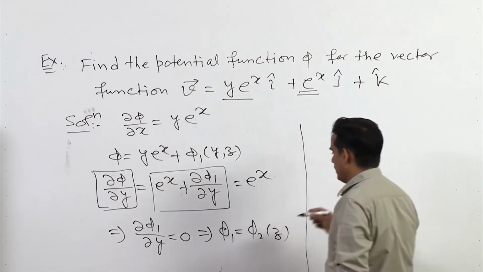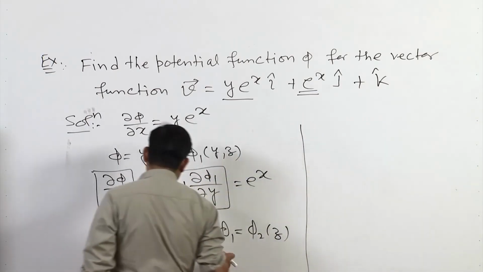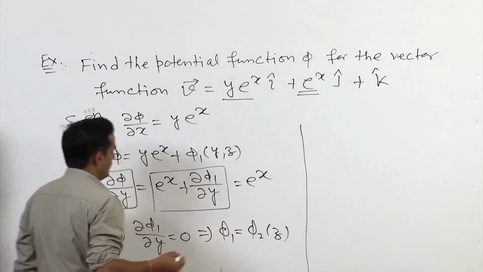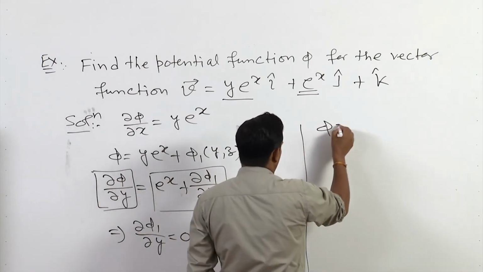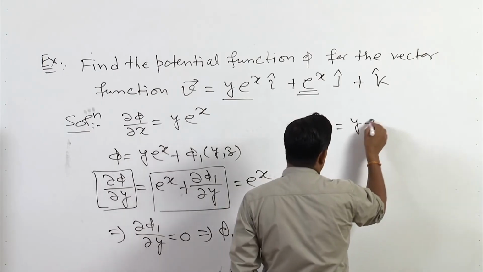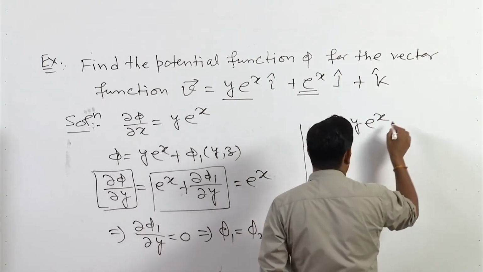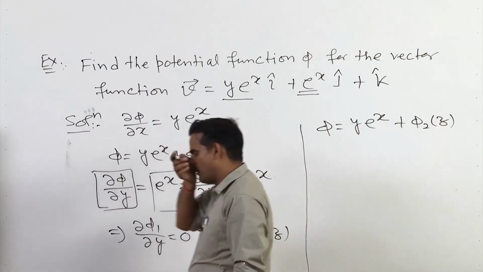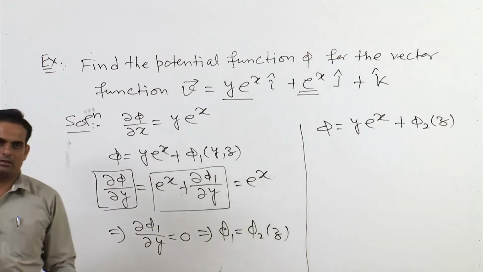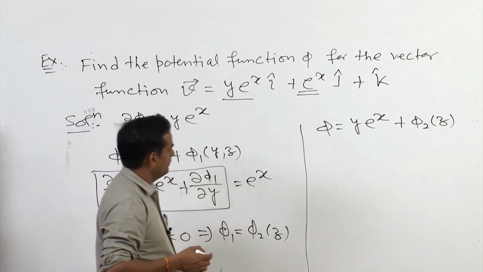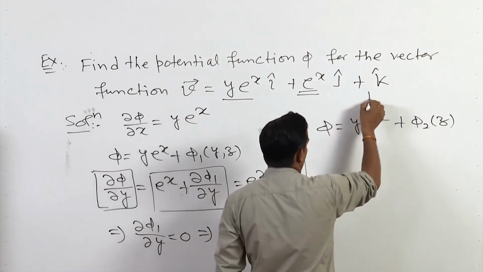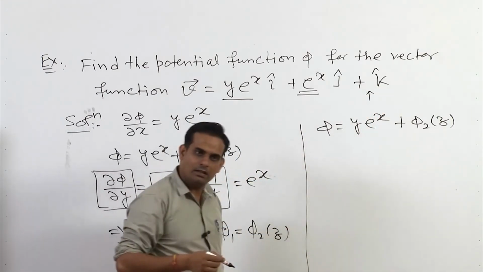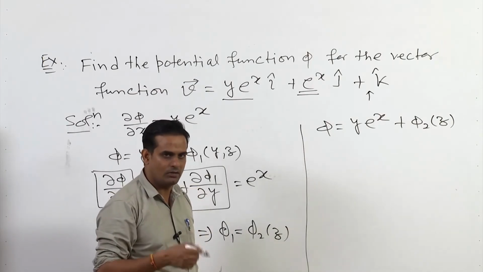Now, substitute this value of phi 1 here. So, I got phi equals y e raised to power x plus a function phi 2 of z. Now, let us make use of the third component, that is the one in the direction of unit vector k.